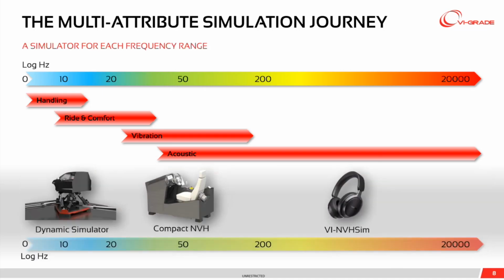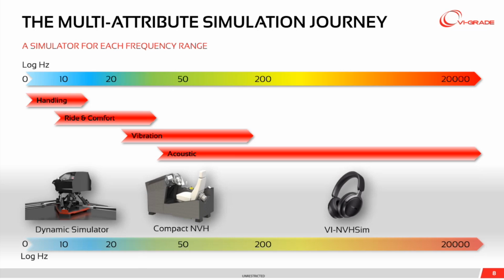These ranges of frequencies are usually addressed by different departments within a company. And if we bring them to our simulator ecosystem, we could have handling and ride and comfort, which is usually covered by our dynamic simulators with the two stages, the lower and the upper stage, covering from 0 to 40 Hertz.